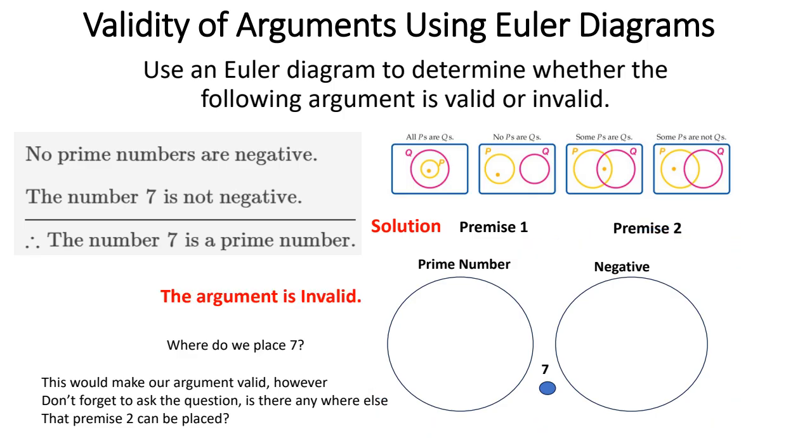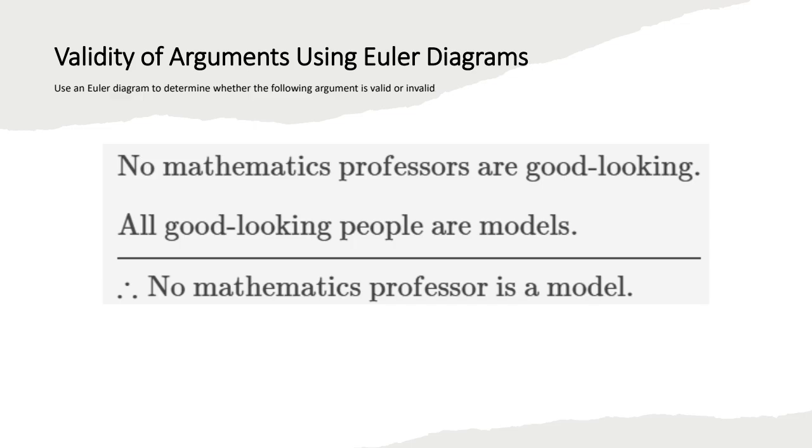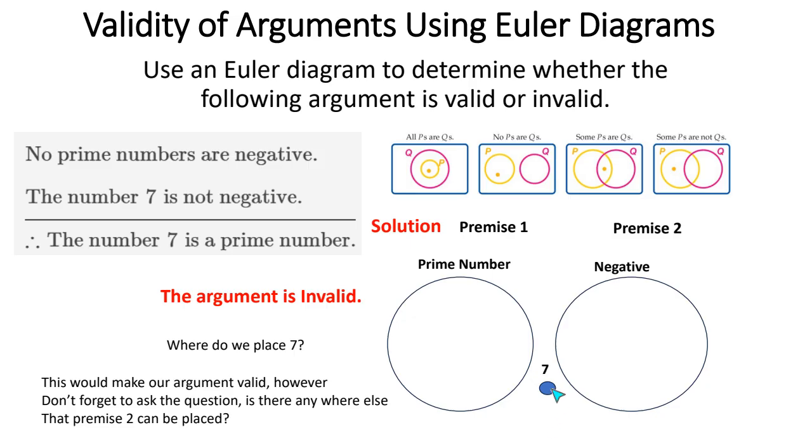So in this example, we were able to put it here, or the 7 could also be in here. Okay. Since you can put it in both places, then we say that the argument is invalid since you were able to place it in two different positions. Okay.